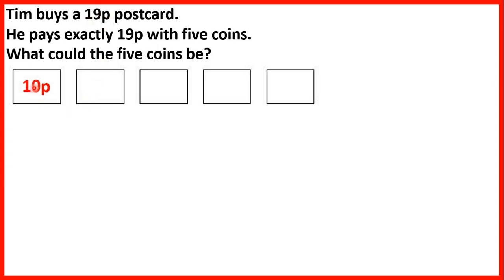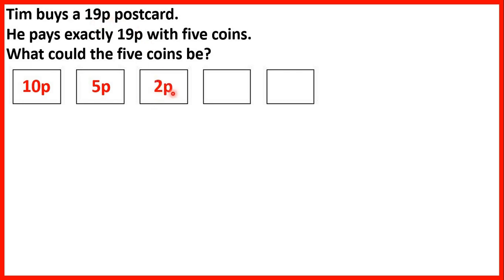So the next smallest coin after 10p is the 5p coin. So if he has 10p and then 5p, that's 15p altogether. Now another 5p coin would be too many because 10 plus 5 plus 5 would be 20.